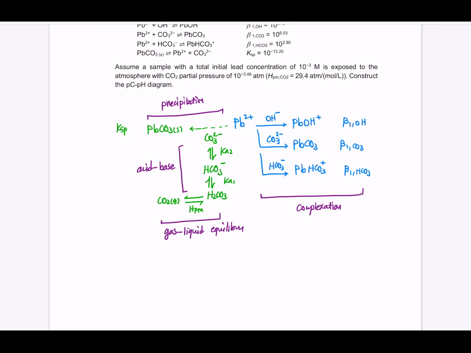So we basically combine what we've learned in chapter 2 and chapter 3. No matter how complex the problem is, we can easily break it down into this diagram. I think this would be very useful, again, to organize your thoughts, and it gives you a quick understanding of the speciation.